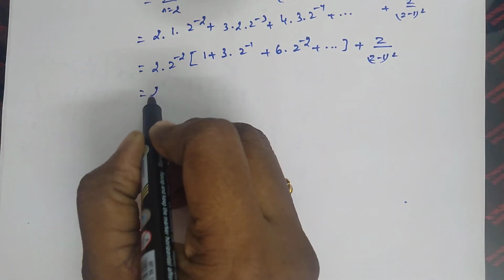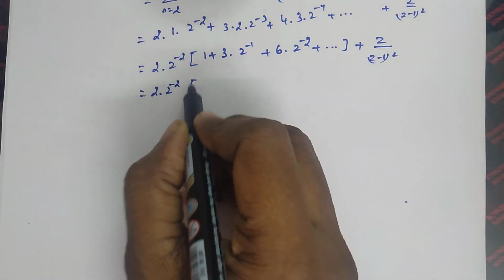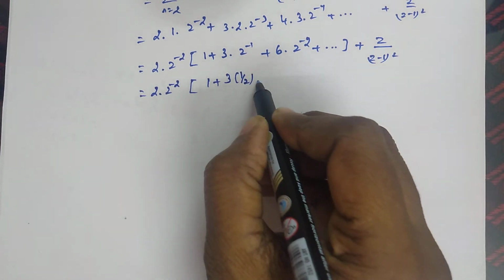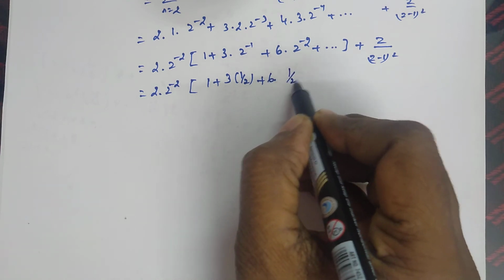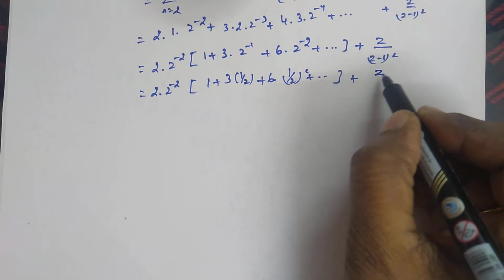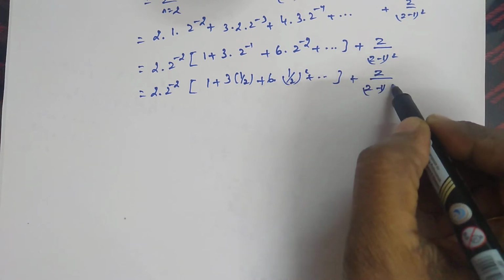Now this can be written as 2 into z power minus 2, 1 plus 3 into 1 by z plus 6 into 1 by z the whole square plus etc. The last term is z by z minus 1 the whole square.